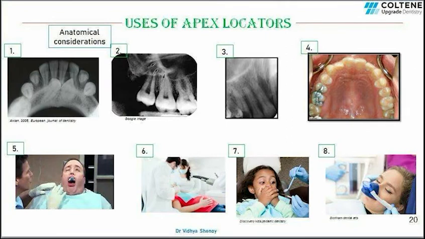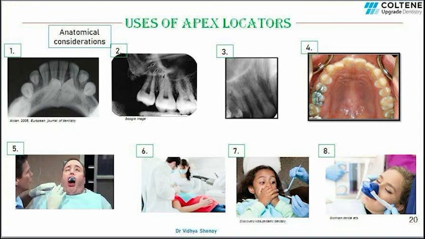So what are the uses of these electronic apex locators? It is useful in conditions where the apical portion of the canal is not visible because of anatomical obstructions such as impacted teeth, zygomatic arch, tori, or excessive bone density, overlapping roots, or presence of a shallow palatal vault. In such cases, the radiographs are not of much use.